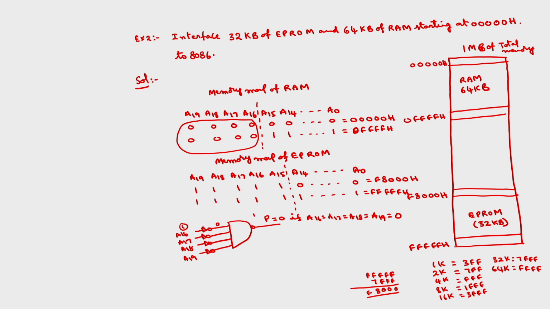What are the additional signals for the EPROM? The signals that we are going to connect to the microprocessor are A0 to A14, and A15 to A19 are available. Out of these I have connected A16 to A19, which will generate 0 here. Now, I will connect A19 as another input for this.